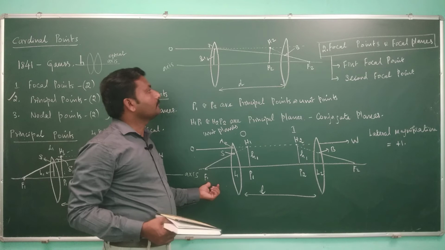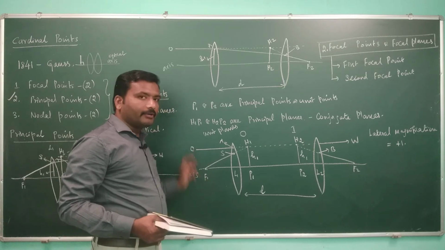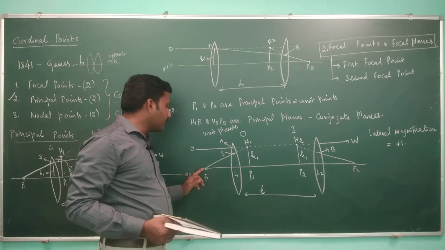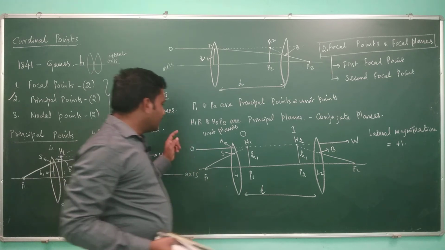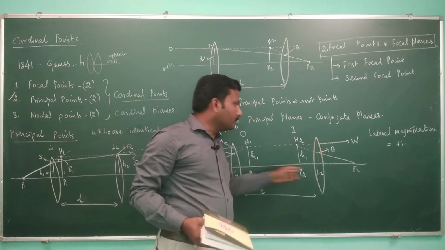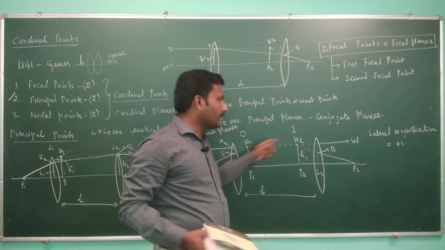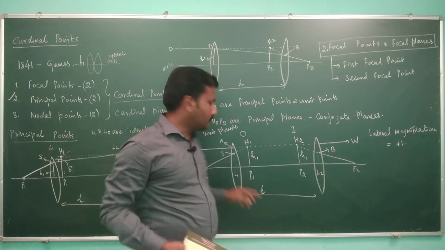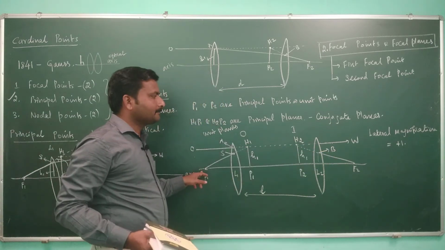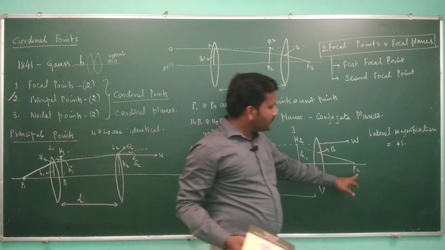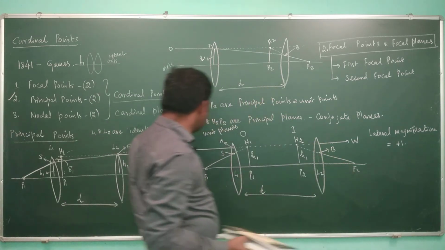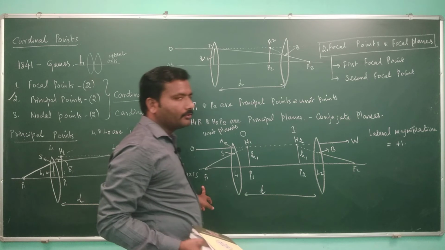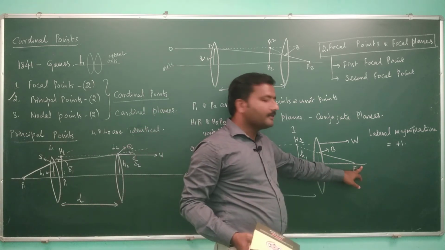The first focal point is a point from which if a light ray originated, then it will be traveling parallel to the optical axis after it is refracted in the optical system. So that point is the first focal point. The first focal point is denoted by F1, and the second focal point lies here, denoted by F2.